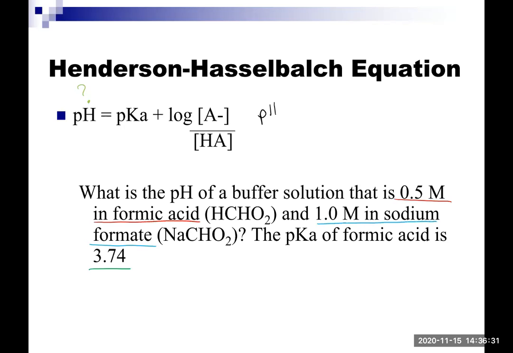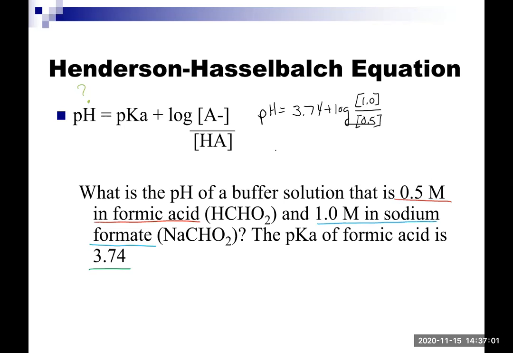So the pH is equal to the pKa, which is 3.74, plus the log of A minus, our conjugate base, which is 1.0, over HA, our conjugate acid, which is 0.5. And again, this equation will only work for conjugate acid-base pairs.